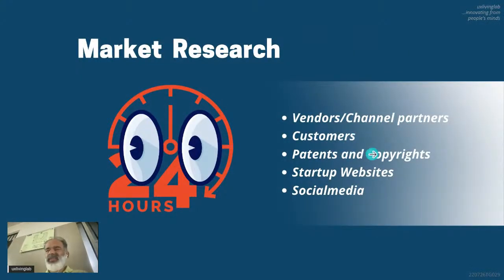Then the third one is a little bit different: patents and copyrights. Nowadays, most countries keep a list of patents and copyrights. When there is a patent, you can assume there is a chance of that patent coming into the market. So look into the patents and copyrights related to your industry. Within 2 years, that will be in the market.